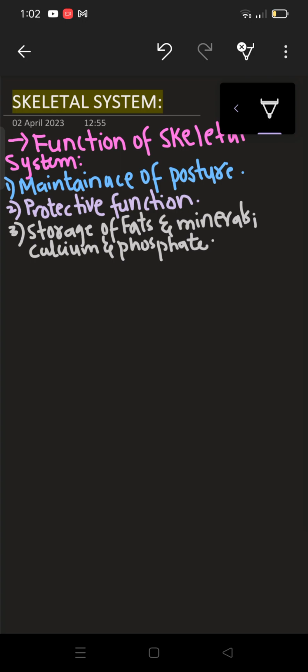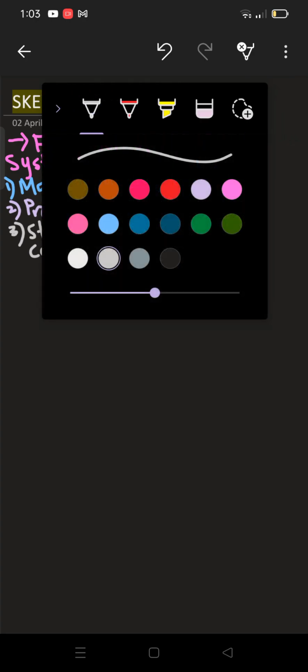Now what's the fourth function? Red bone marrow is found in bones and is responsible for making RBCs, which are red blood cells. This is a very important function of the skeletal system.